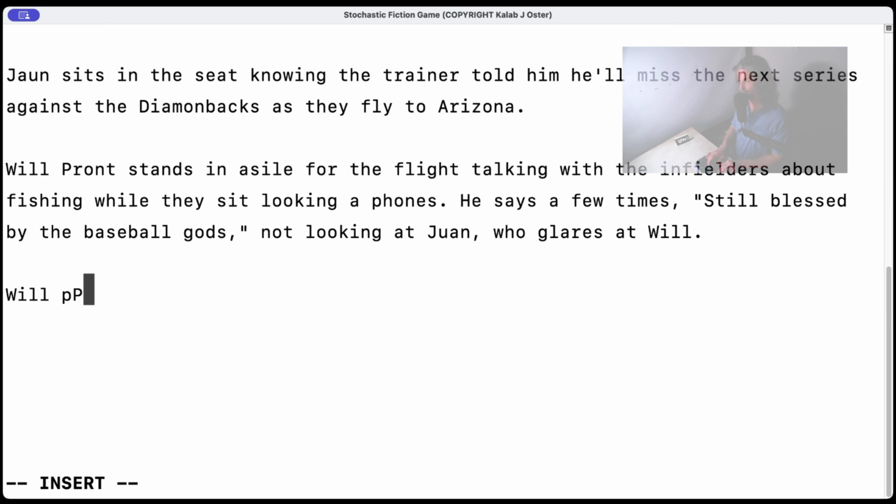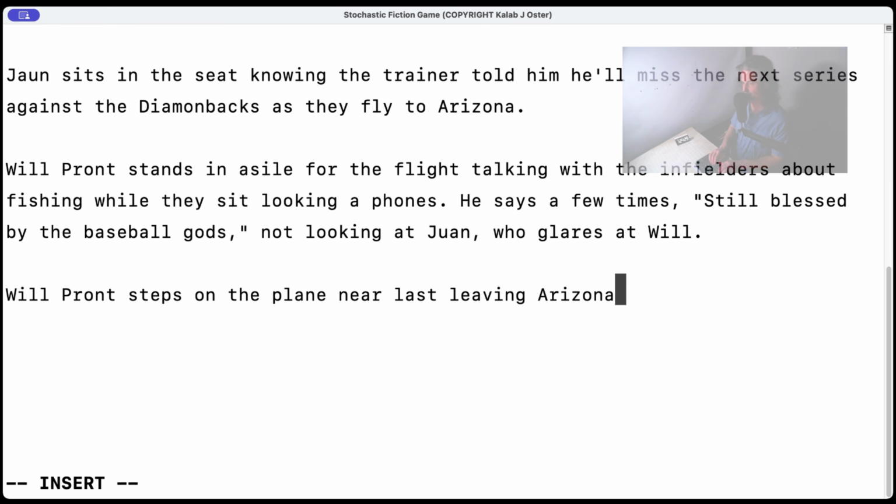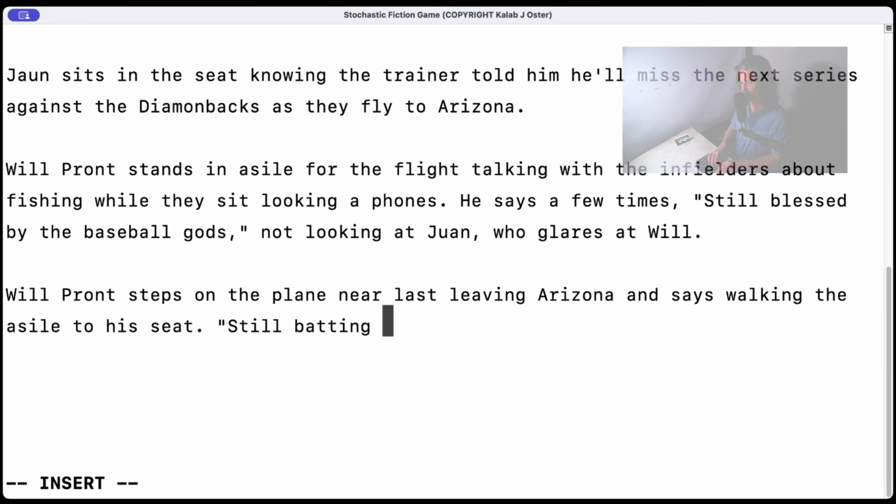Will Prompt steps on the plane near last, leaving Arizona, and says, walking the aisle to a seat, still batting .500, catching fire with a glove.